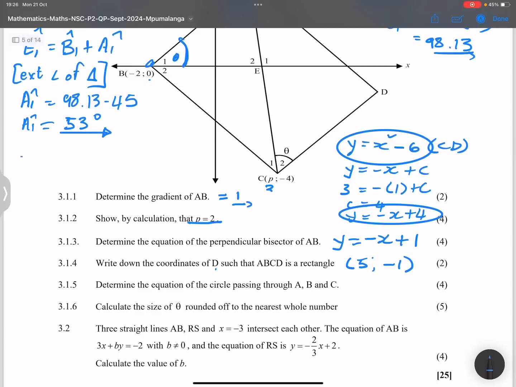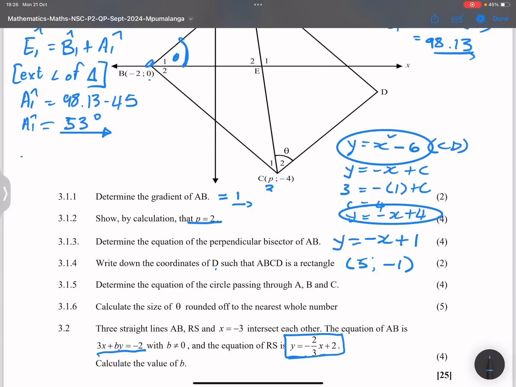They say to us 3 straight lines, that is AB, RS, and x is equal to negative 3, intersect each other. The equation of AB is this, where b is not equal to 0. The equation of RS is that guy there.